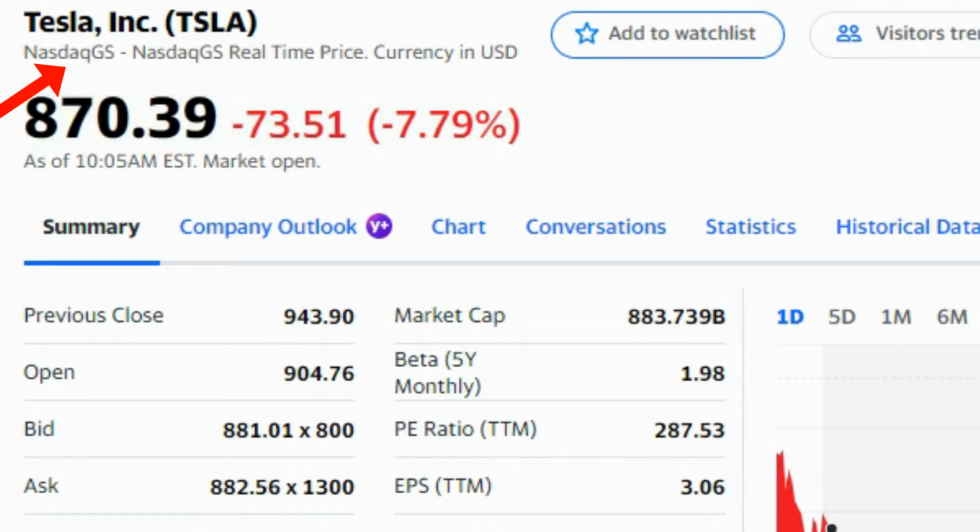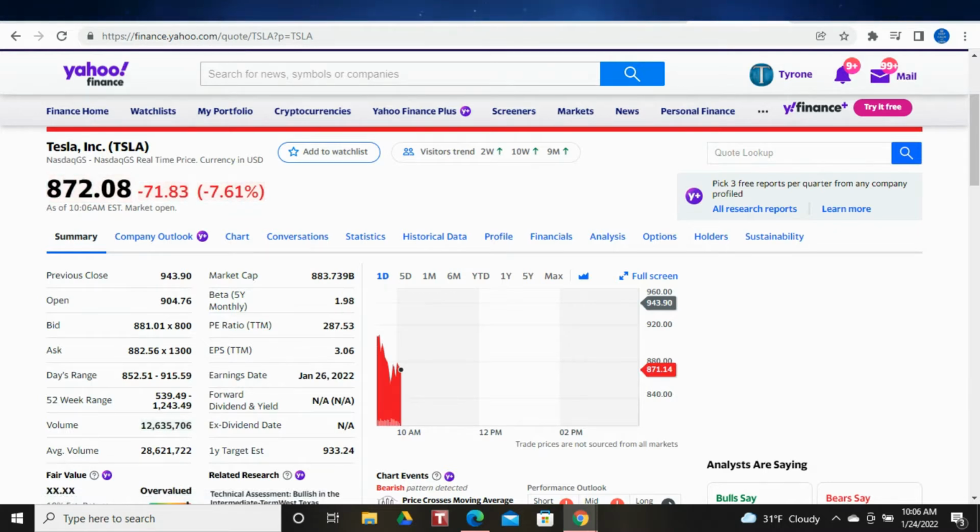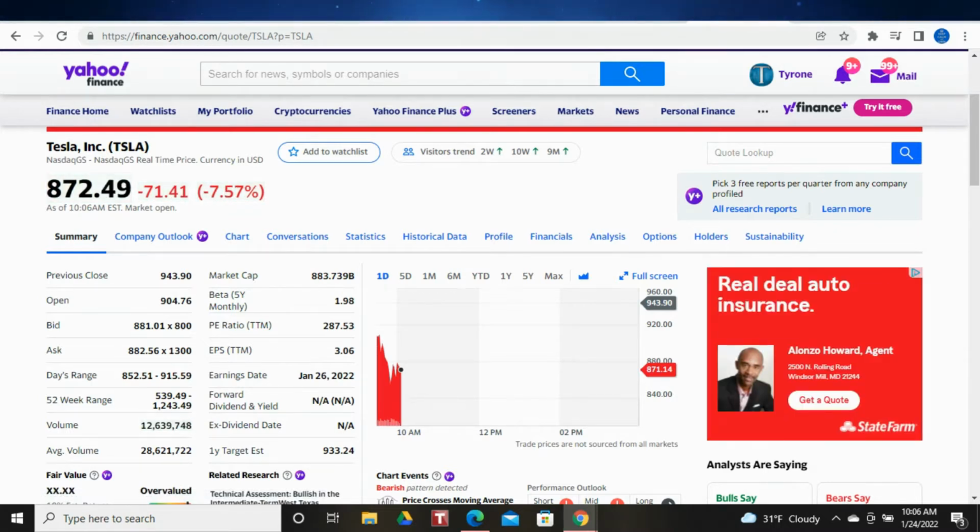So that's the exchange that Tesla is trading on. If it was trading on the New York Stock Exchange, you would see NYSE. But in Tesla's case, of course, it is trading on the NASDAQ. And if you really want to get technical, it stands for National Association of Securities Dealers Automated Quotations. So there's a bonus for you.